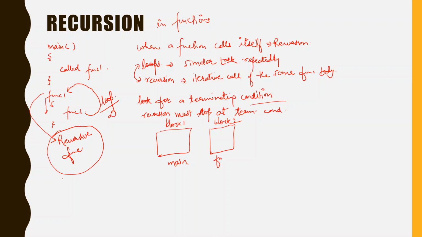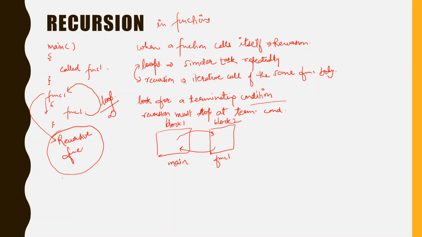So suppose this is function 1. This is the simple process where main transfers the control to the function, performs some task and returns the values to main. So this is the normal processing of any function.